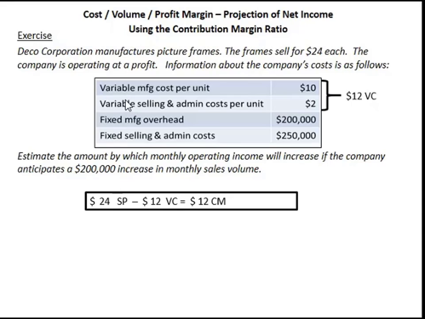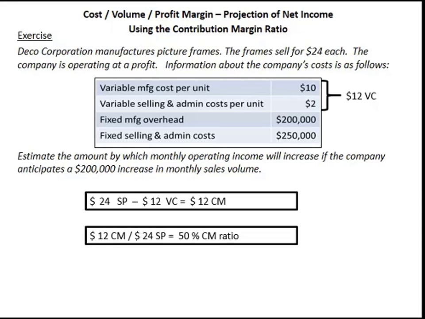So in this case we have selling and administrative costs, which are variable per unit of $2. So what we have to realize is that we have total variable costs of $12 per unit. So it's the $24 selling price minus the $12 variable cost per unit. That means our contribution margin per unit is going to be $12.